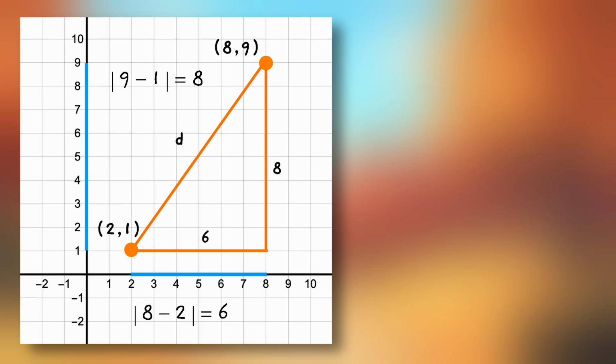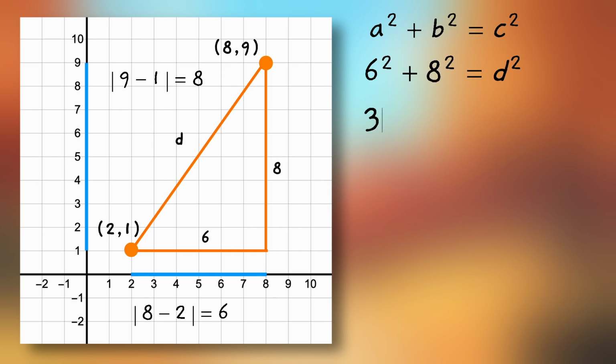So now to find D, we use the Pythagorean theorem, and I'll do that over here on the right. So 6 squared plus 8 squared equals D squared. Multiplying out, we get 36 plus 64 equals D squared, or 100 equals D squared.